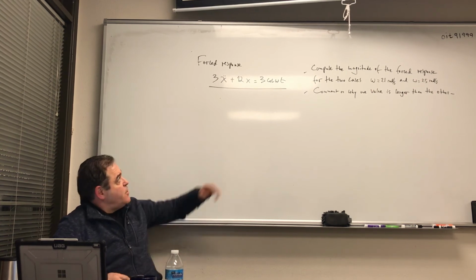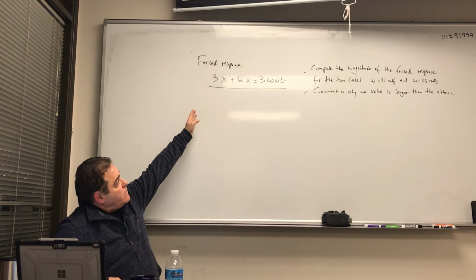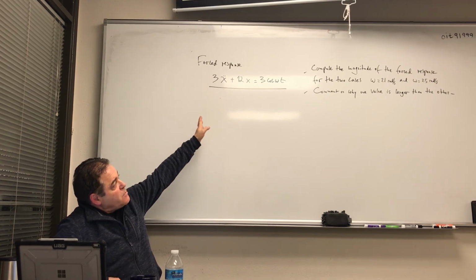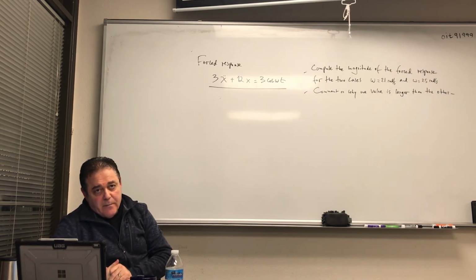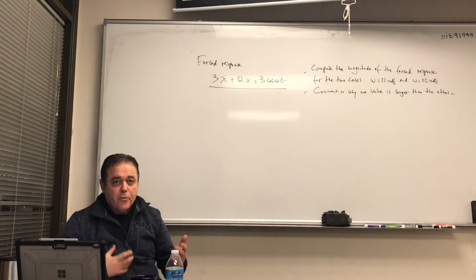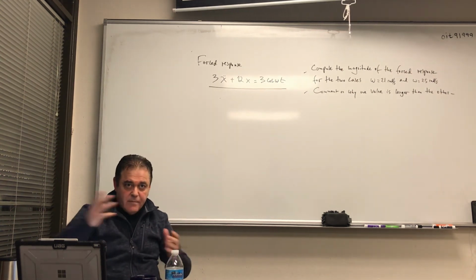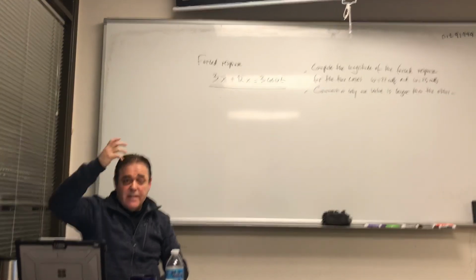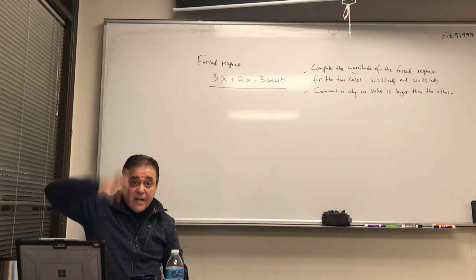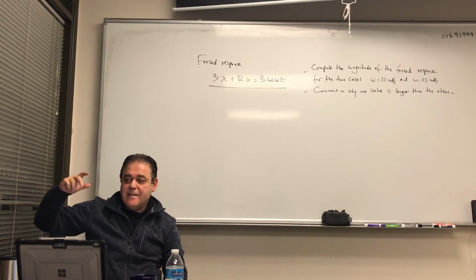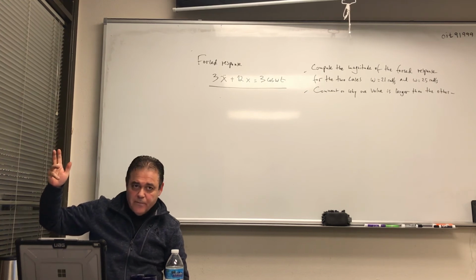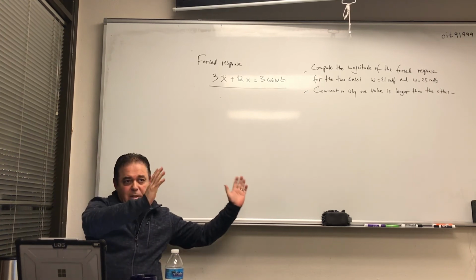Forced response is the general response, you know, compute the magnitude of the forced response of the two cases. The forced one is really the particular one, because that's when you have a damped or undamped system that you start vibrating. The forced one is the steady state one, if you will. Remember, the other part always kind of dies out.